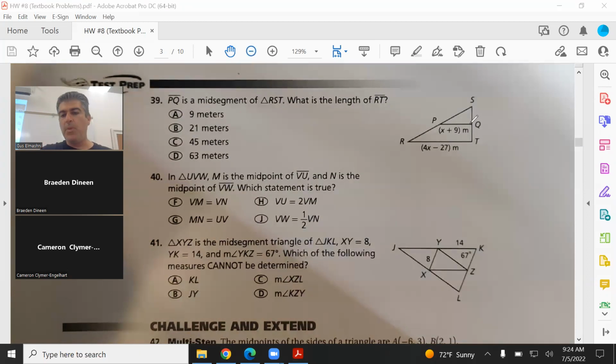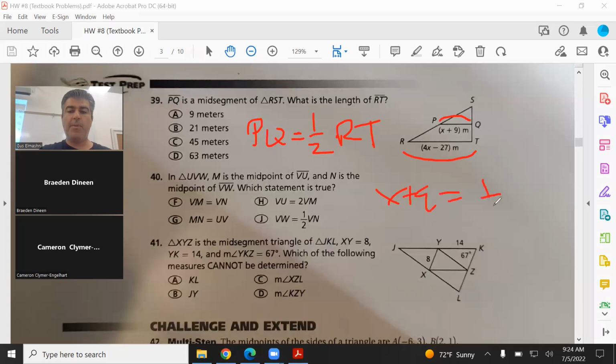So anyway, when you see this right here, PQ is what fraction of RT? Remember, it's called mid-segment, so PQ is what fraction of this guy? Go ahead, Nina. Half. There you go. Half of RT. And PQ, you know, is x plus 9. You get half of parentheses 4x minus 27.